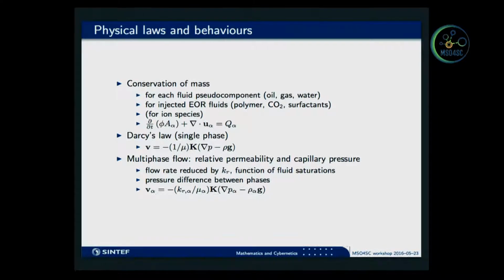This is reflected by Kr, the relative permeability, which is a function of fluid saturations. So this enters the equation here. Instead of the 1, you have the Kr. The pressure differences between phases are also a thing that's due to the capillary pressure. So you have to do pressure by phase and not one universal pressure for all phases.